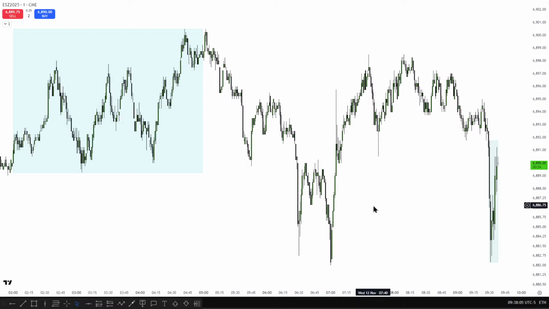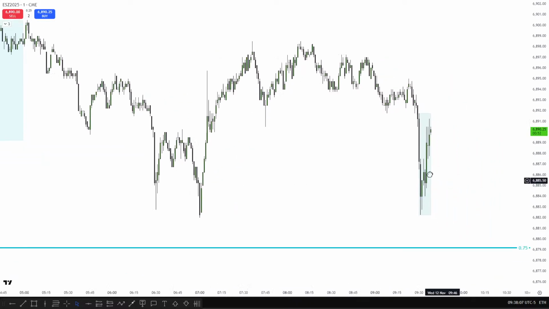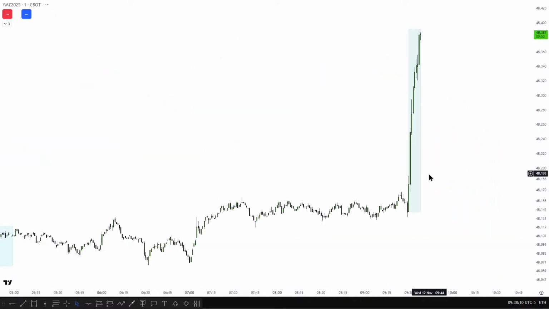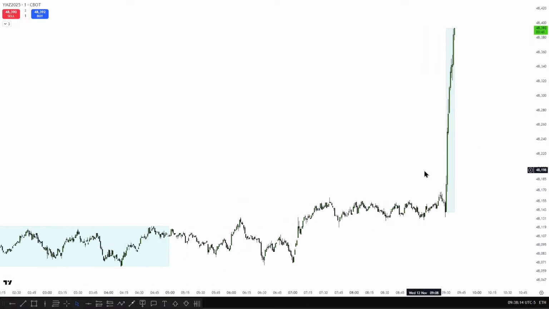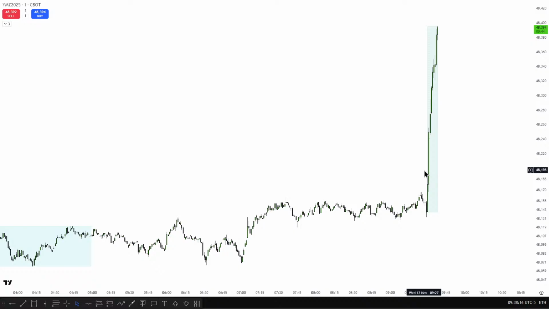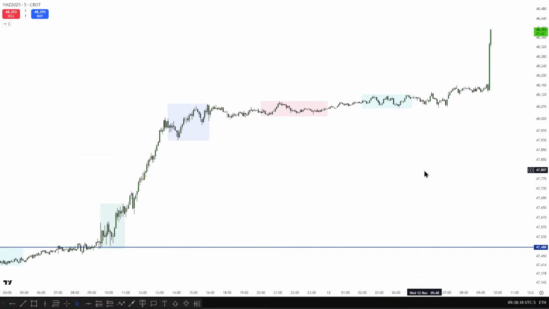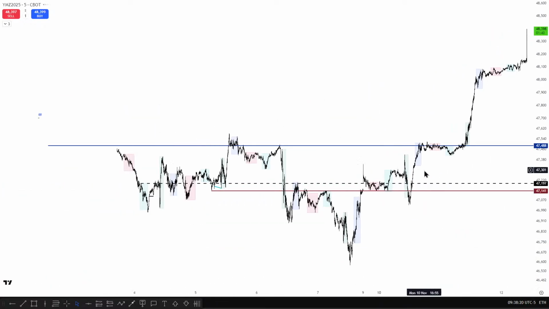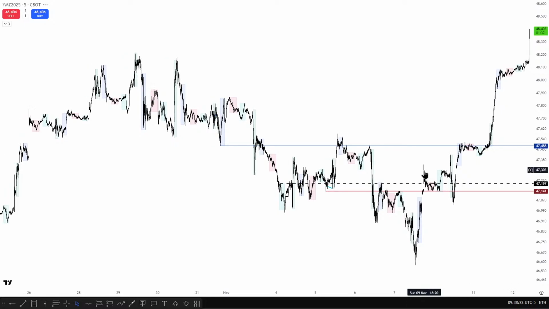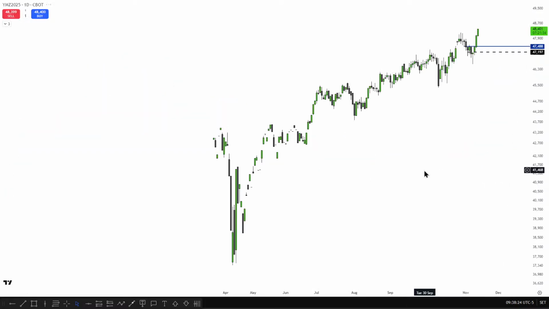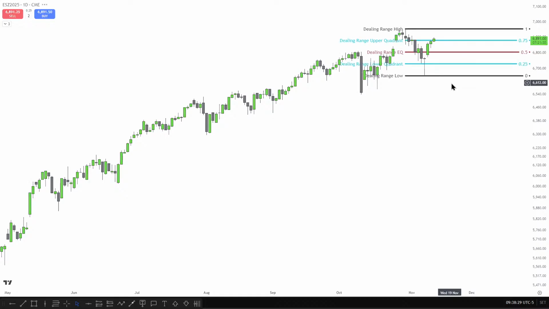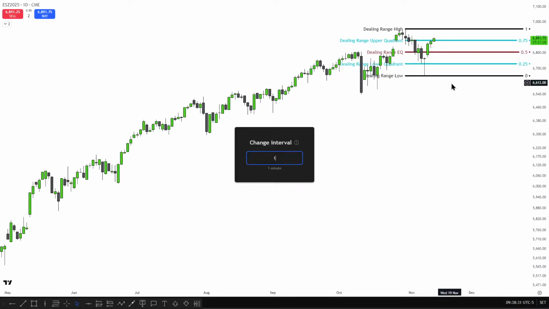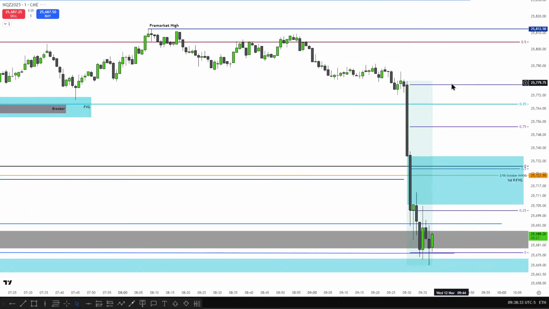SMT. Damn. That's some decoupling if I've ever seen it. All-time highs on YM. Nasdaq weak, ES on its way.